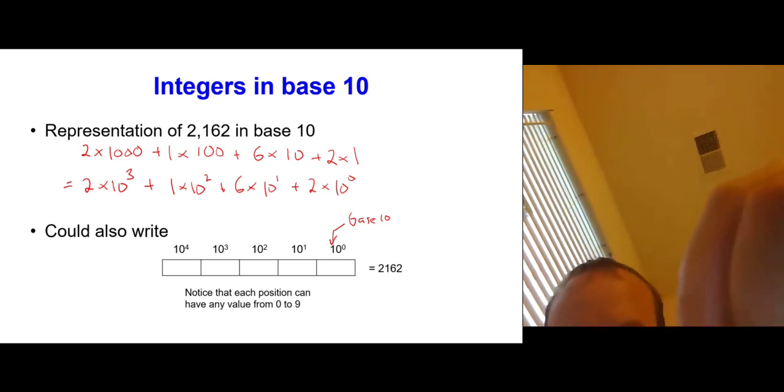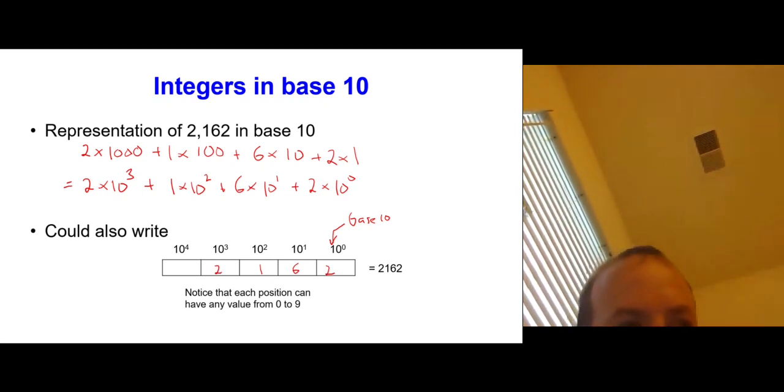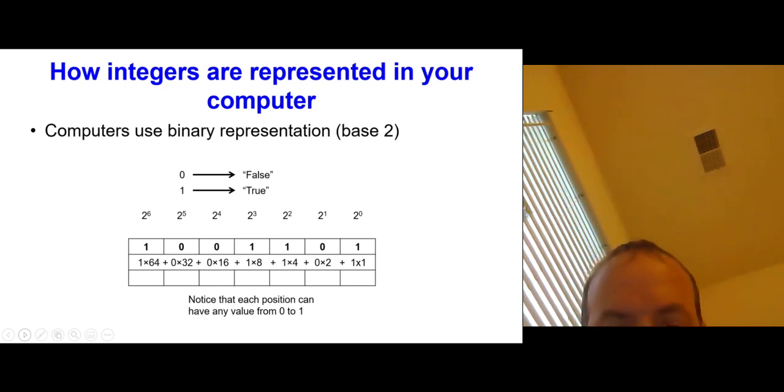So in our case, it's simply 2, 1, 6, 2, and for the 10,000th place, it'd be 0. Okay, so this is a table-based format for storing a number in this system. So that's not too challenging because you're used to thinking in base 10.